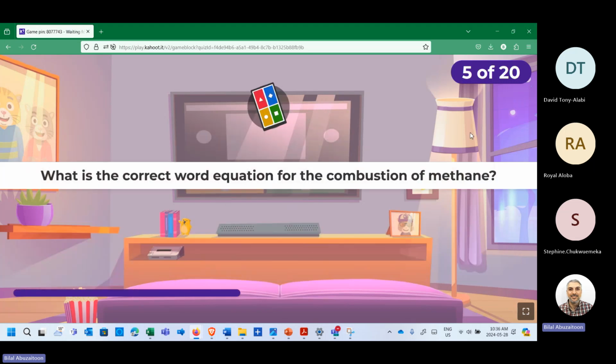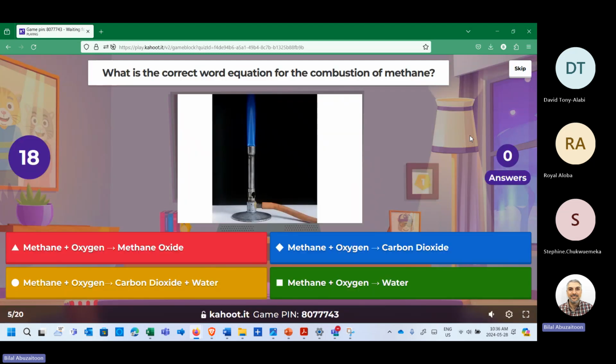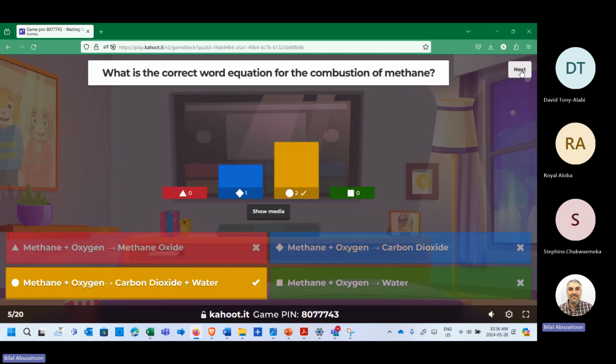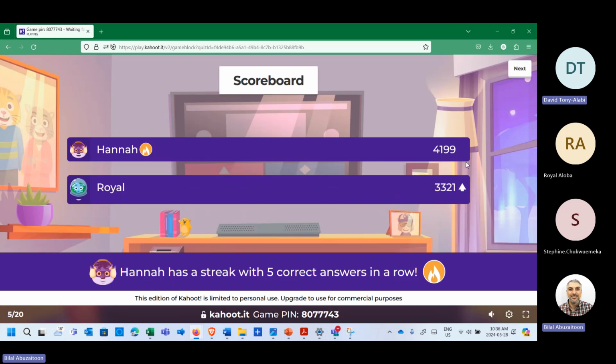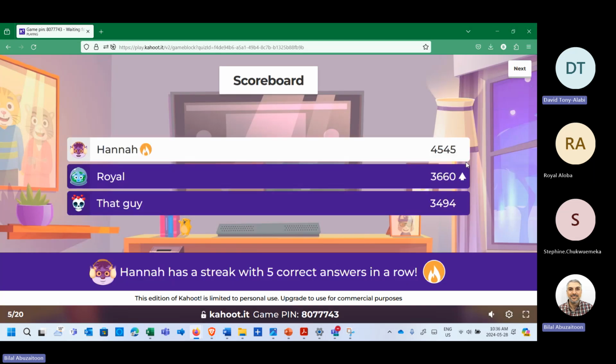Okay. What's the correct word equation for the combustion of methane? You answered carbon dioxide, there should be water here. Sir, I make mistakes. No problem.